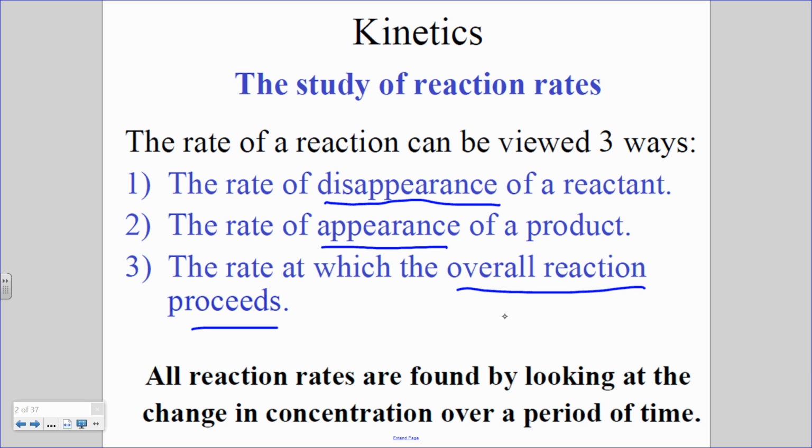And so the unit for the rate will be molarity over some unit of time. This unit of time might be seconds, minutes, hours, or years. It might take years for some things to react. But we're going to look at change in concentration over change in time.